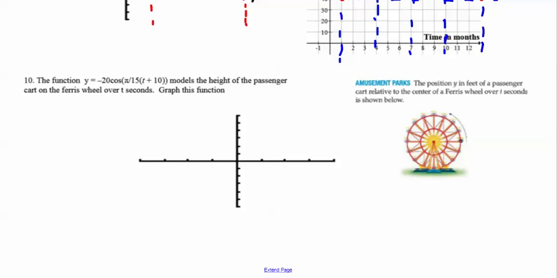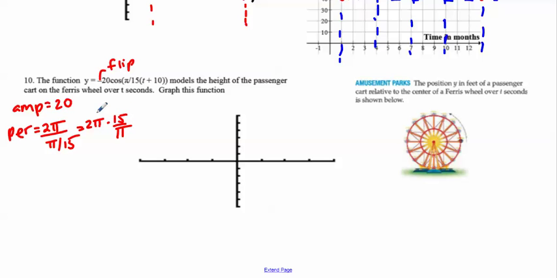Here's another Ferris wheel. This Ferris wheel has another flip, an amplitude of 20, the period is going to be 2 pi divided by pi over 15, which is 2 pi times 15 over pi, which is 30.